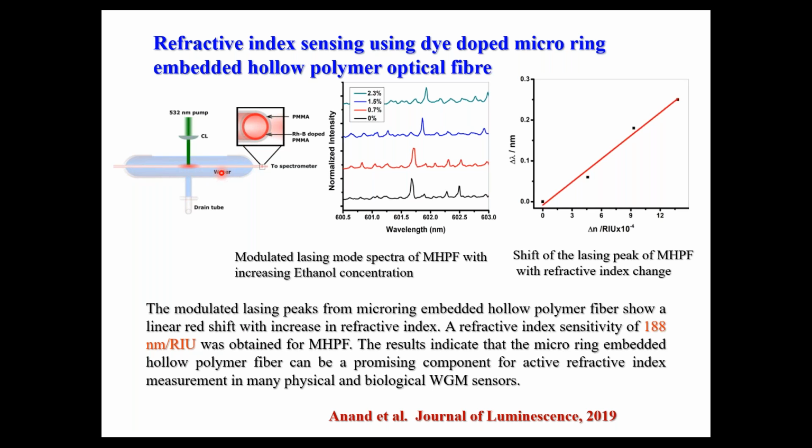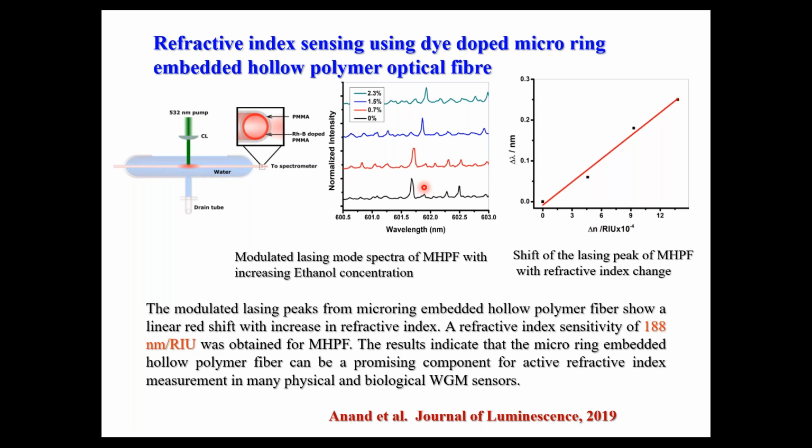So for that purpose, different materials were filled in this region, and the fiber was pumped with 532 nanometer, and the modulated lasing peaks from the micro ring embedded hollow polymer fiber showed a linear redshift with increase in refractive index.